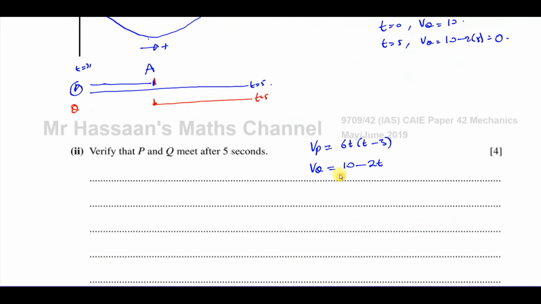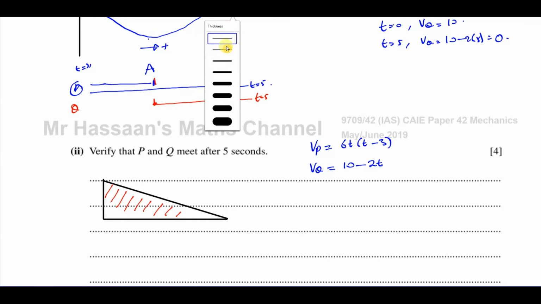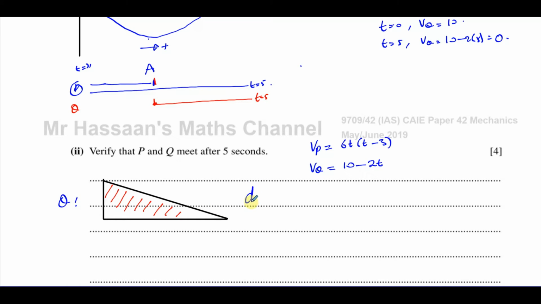So let's first work out the distance that Q has traveled. We can use the fact that we have a triangle. We could have used integration, but it's just a triangular shape, so there's no need to go to those lengths. The area under the triangle is the displacement of Q, let's call it SQ.